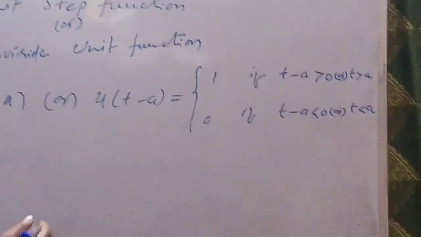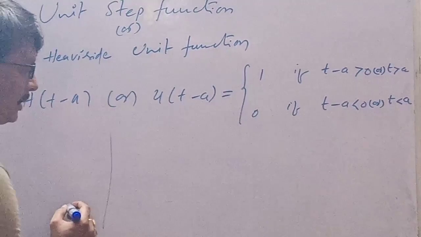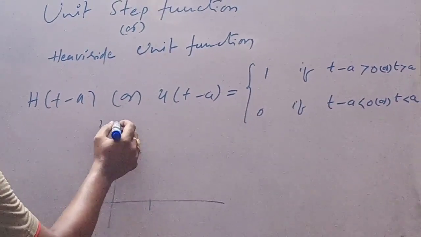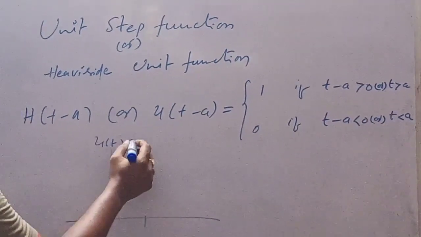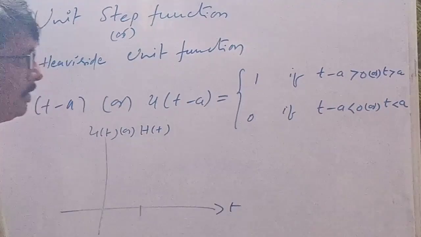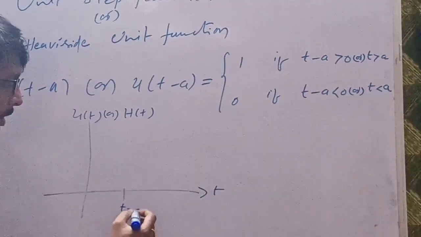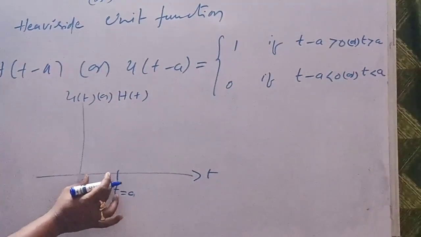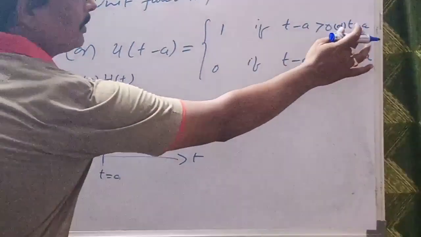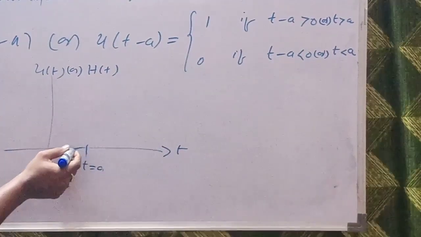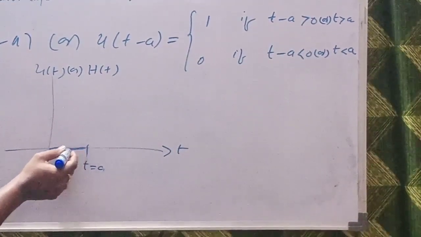So observe the graph of the function, the u of t or h of t function. When t equals a, and when t is less than a, its value is 0.